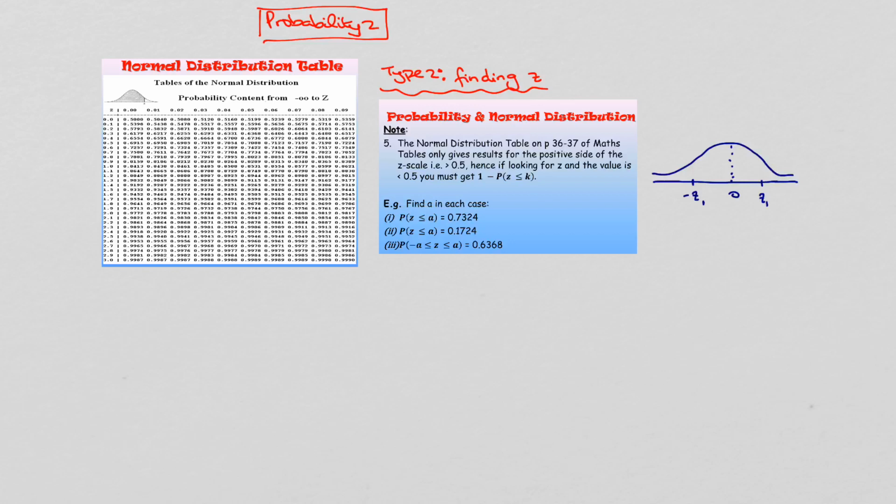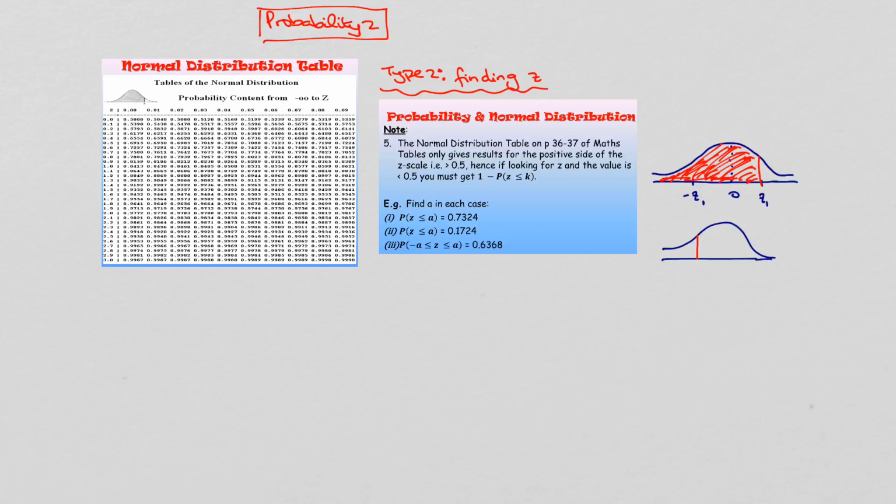So therefore, say in the first one here, we have the probability of z less than or equal to a is equal to 0.7324. So what that means then is that 73% of the graph is shaded in, which means clearly we are in a positive region. Whereas for the second one, we have the probability that z is less than or equal to a is only 17% of the graph.